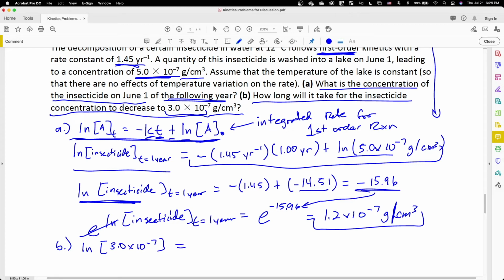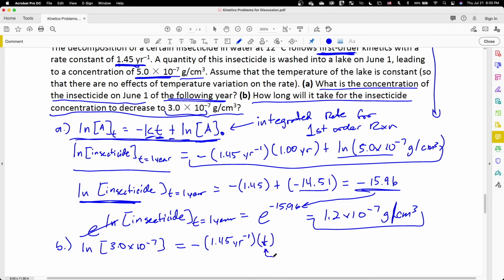We set that equal to the rest of the equation, which is negative the rate constant, 1.45 per year, multiplied by t.